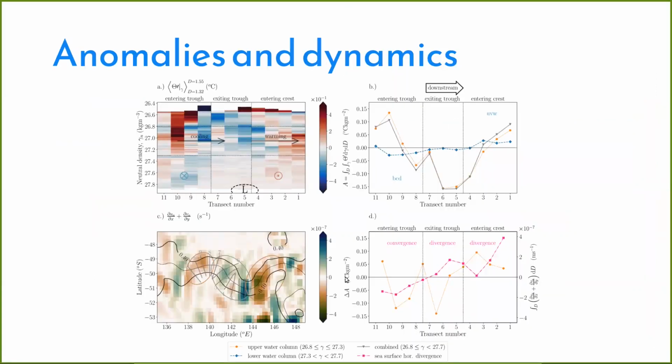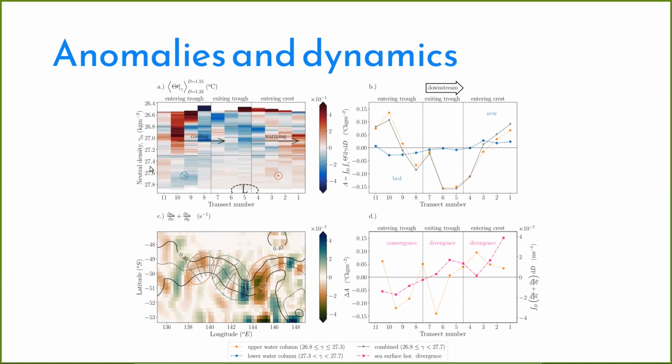Now we try to couple these anomalies to the dynamics. We take an average along the section, and between 26.8 and 27.3 we saw cooling entering the trough, exiting the trough, and then warming entering the crest again.